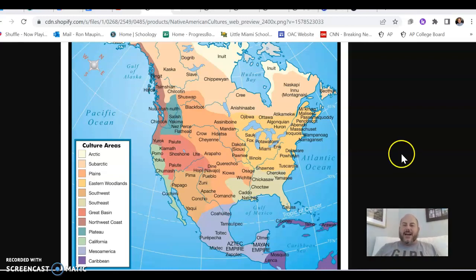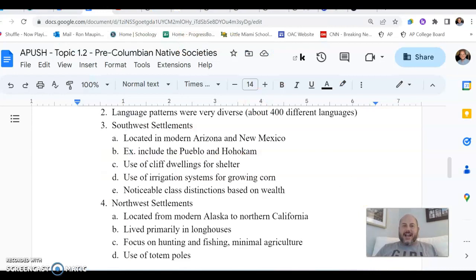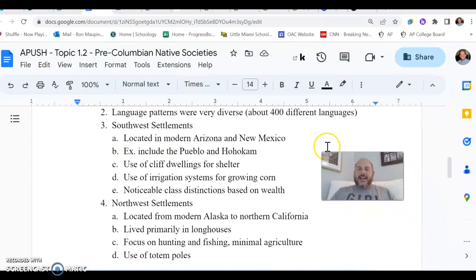But because of the geographic realities of that region, that's going to create a society having a particular way of life that is going to have to respond to these climatological realities.